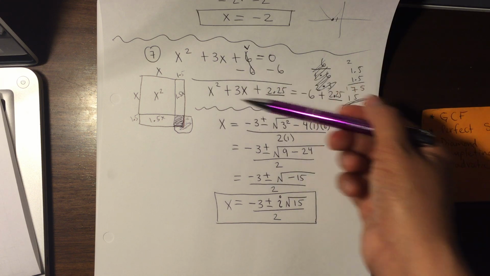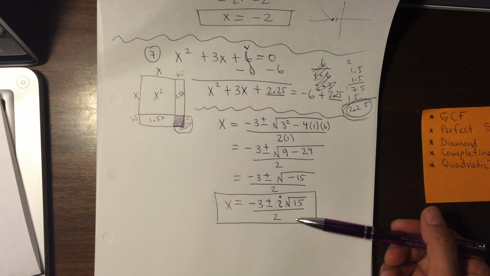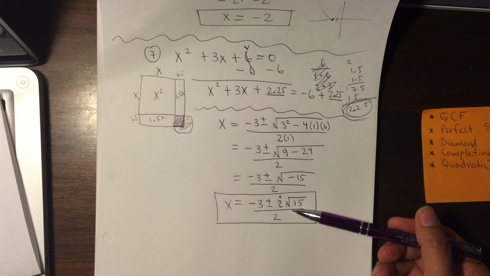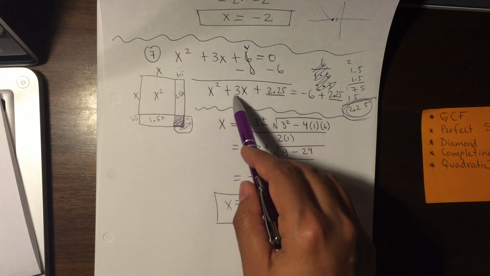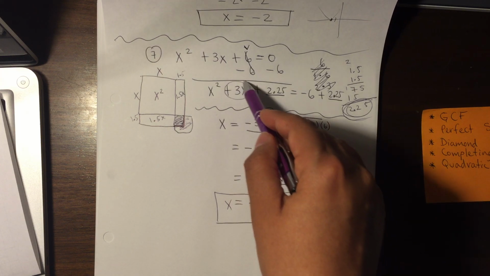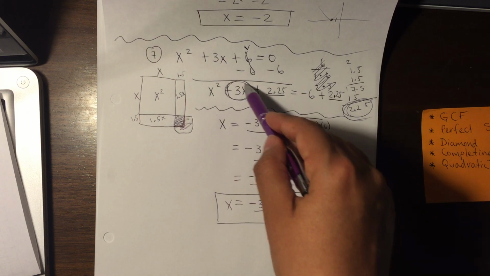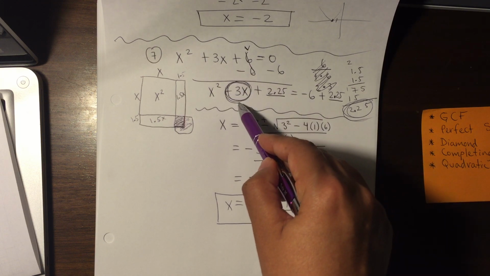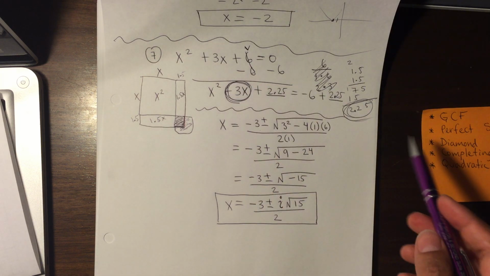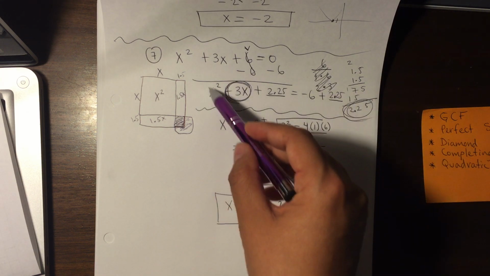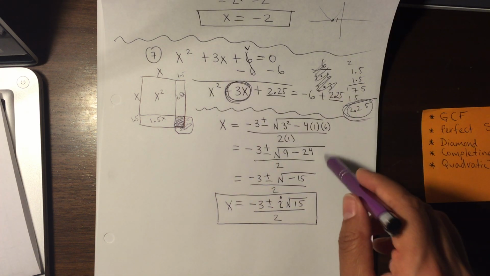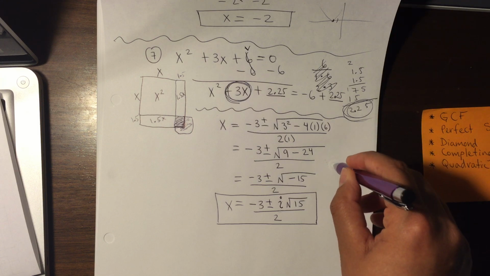Okay, so even with completing the square, you would end up with an imaginary number. But again, anytime you have an odd number in here, that's when you want to not use completing the square, or when you have a coefficient in here, you also want to go directly to the quadratic equation.